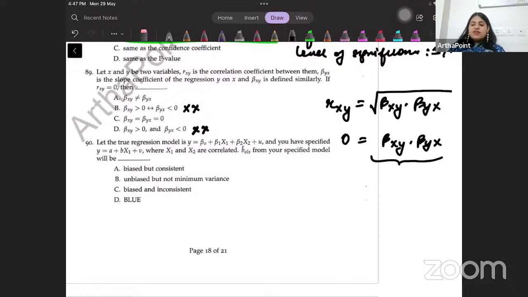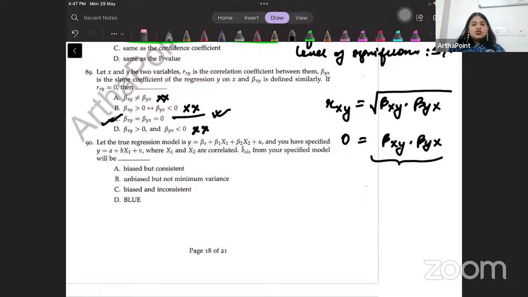It is fine that Byx and Bxy are not equal, but one of them has to be 0. So the only possibility that holds here is C. One of them must be 0 for the product to be 0. Right? So I'll go with answer C.